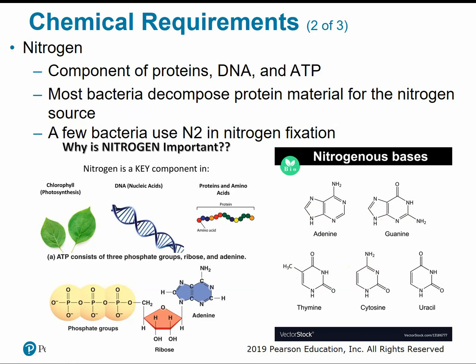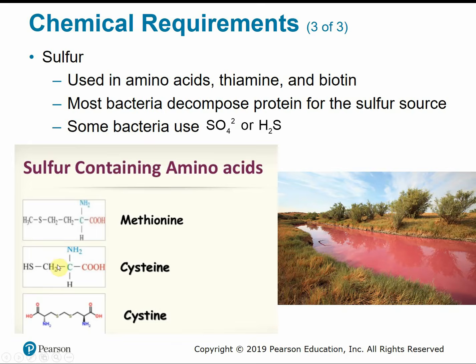Nitrogen is also important for the production of ATP, that all-important energy molecule. Sulfur is used in some amino acids like methionine and cysteine, and some vitamins like thiamine and biotin. Some bacteria, like your purple sulfur bacteria, are able to decompose protein for the sulfur from these amino acids.